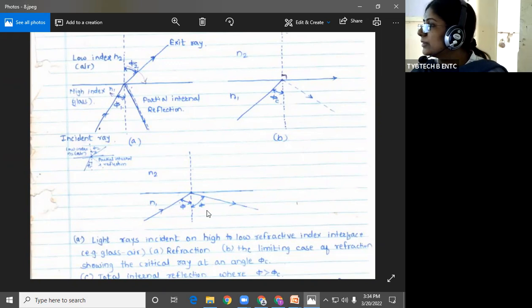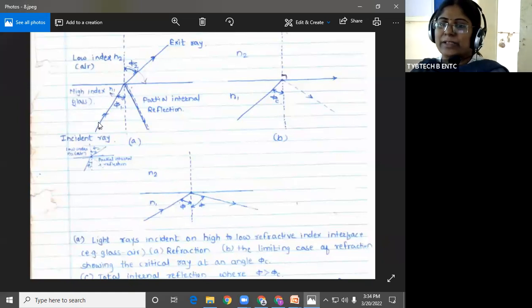Cladding. This N1 is refractive index of core, N2 is refractive index of cladding. In refraction we have not applied any condition, so the ray goes into the cladding. That we don't want in the optical fiber cable.